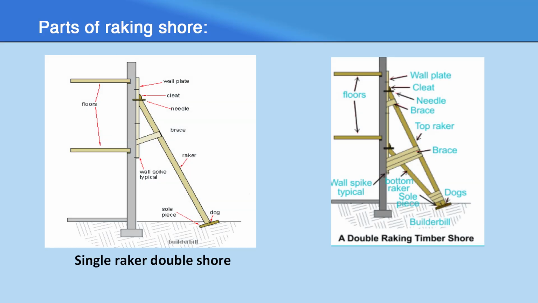The feet of the rackers are further stiffened near the sole plate by means of hoop iron. The wall plate distributes the pressure to the wall uniformly. Based on the requirement, a rack may be classified as a single rack shore and a double rack shore. This is the photograph of single rack shore and double rack shore.